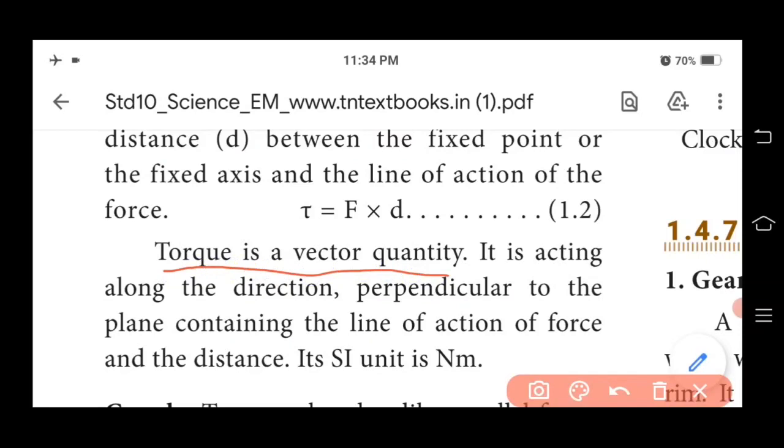It acts along the direction perpendicular to the plane containing the line of action, and its SI unit is capital N small m, Newton meter. So you have to write capital N small m.